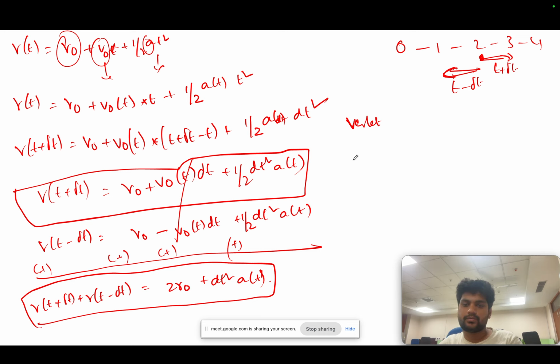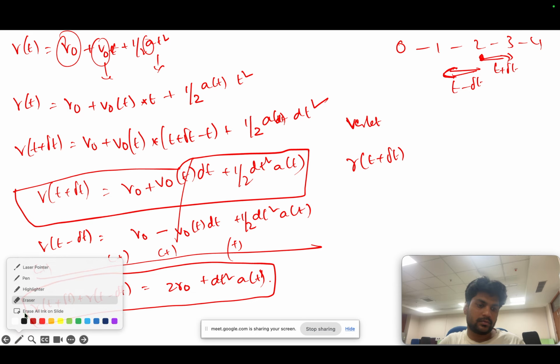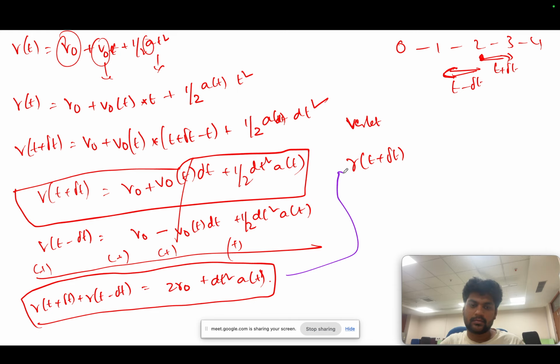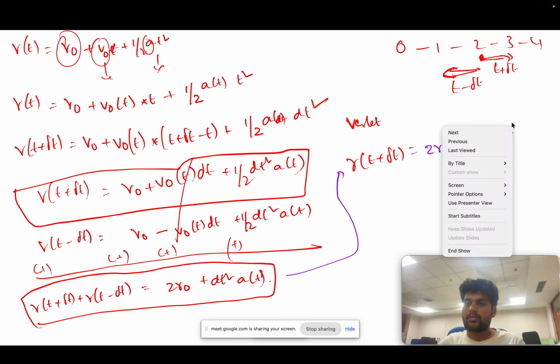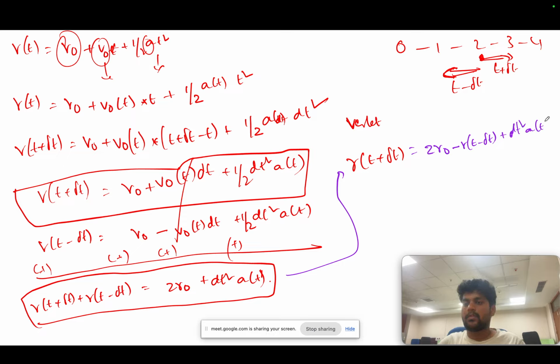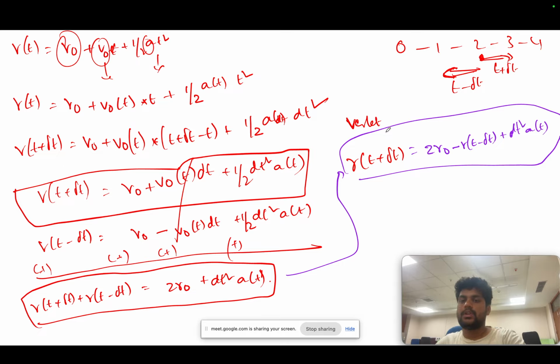So here, to go forward, he has taken the coordinates of the backward, subtracted it from the initial, and then added the acceleration term.